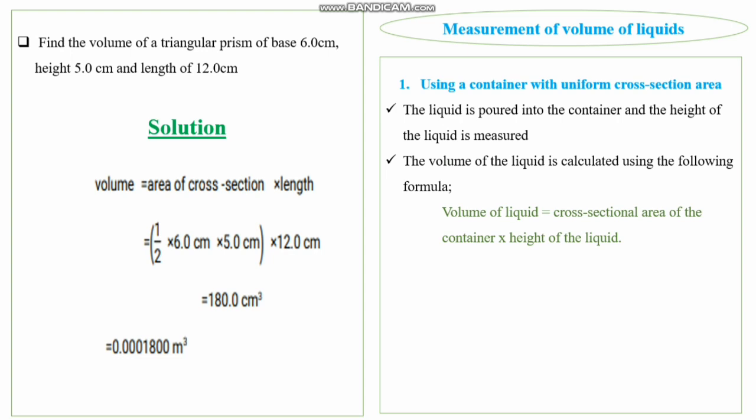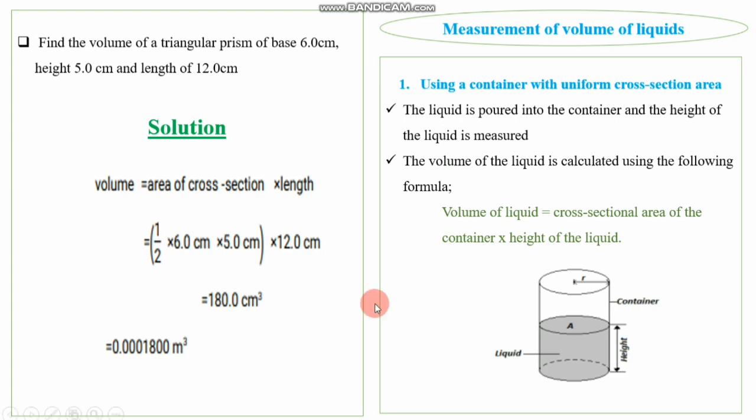The volume of the liquid is given by the cross-sectional area of the container times the height of the liquid. We can have the container and the water not reaching the maximum height, so the height where the water reached will be the height of the liquid.